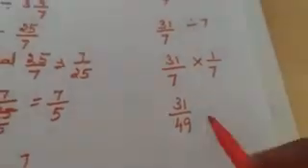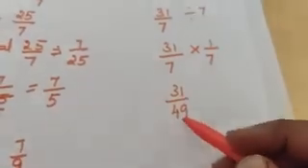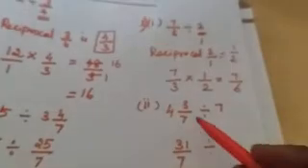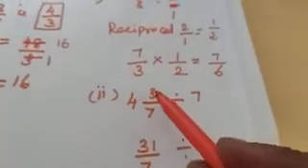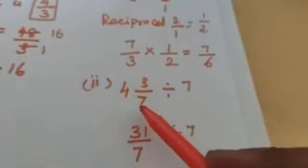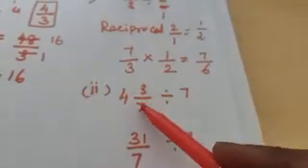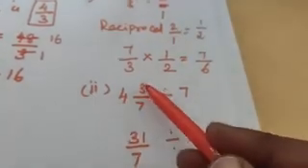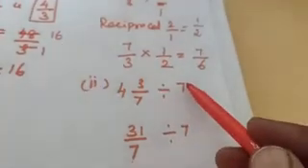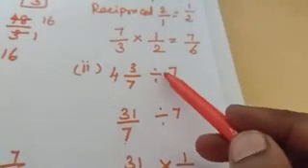Like that. If you can convert into mixed, this is like a proper one, we could not convert to mixed fraction also. So first what we will do, 4 3 by 7 is a mixed fraction. That mixed fraction has to be converted into improper. So 7 4s are 28 plus 3, 31 by 7. Divide by 7. 7 you have to find the reciprocal.